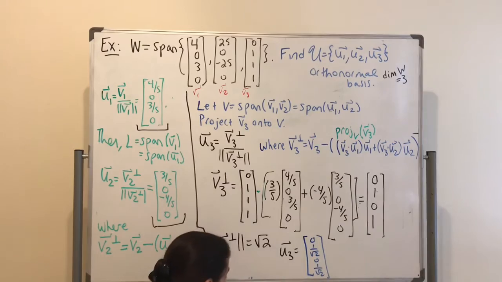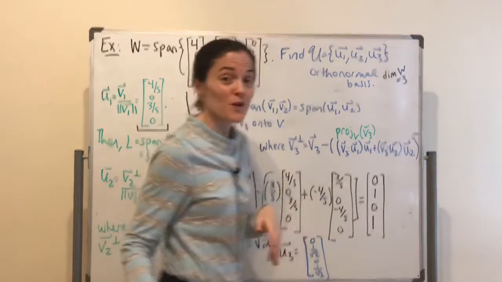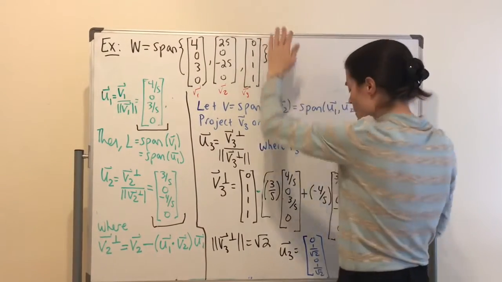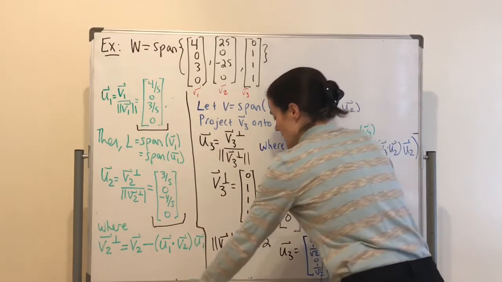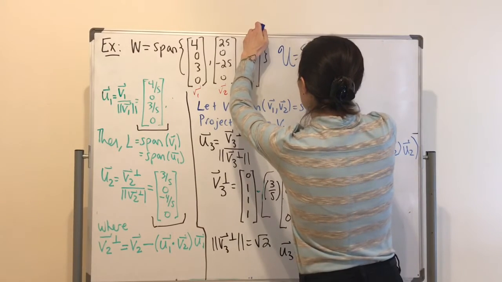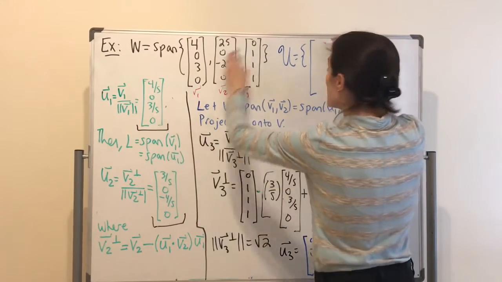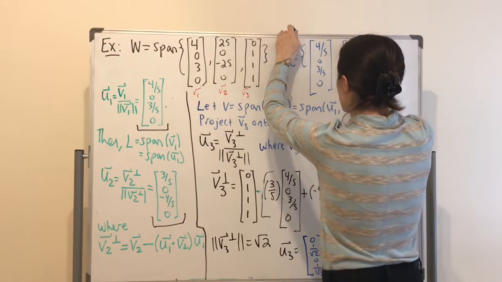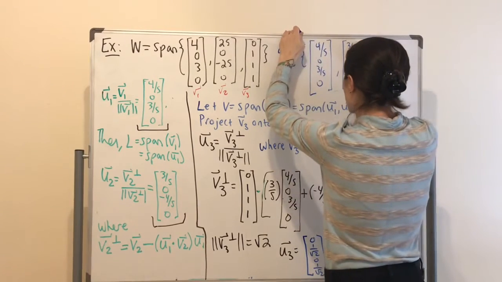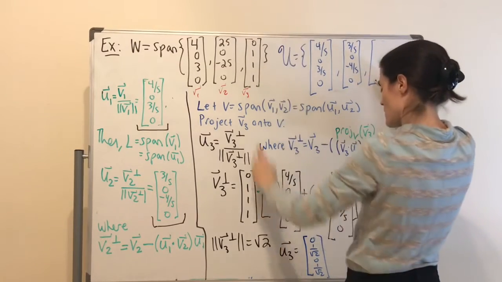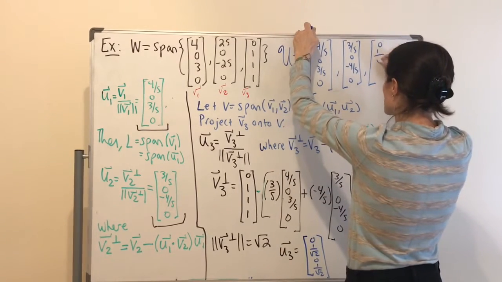Okay. Now we will go back to the top and write our orthonormal basis. Here, U. And then we're going to talk about this process in general, what we have done. So maybe I will do U in blue. U is here: 4/5, 0, 3/5, 0, then 3/5, 0, negative 4/5, 0, and then here, 0, 1 over the square root of 2, 0, 1 over the square root of 2.